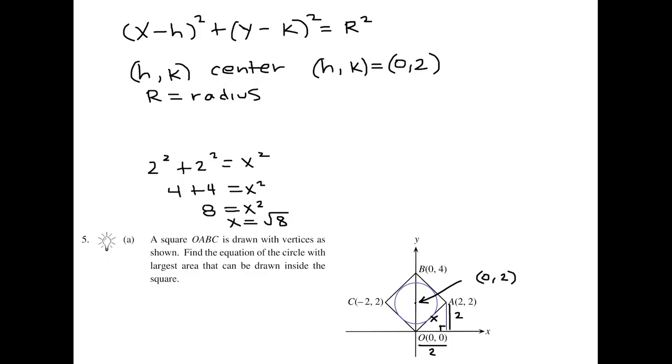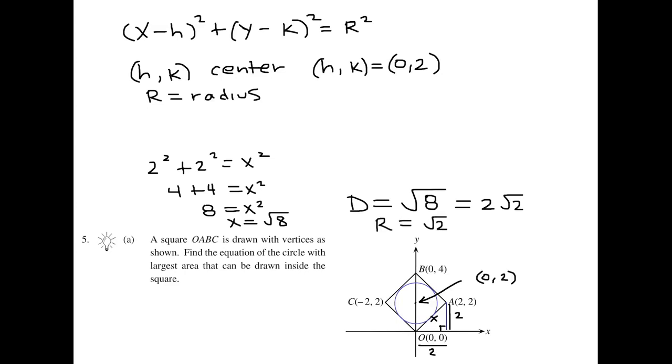Okay? And I believe that is all we need. The only thing is that this x is not the radius. This x that I just figured out is the diameter. So that's an important thing to remember. The root of 8 simplifies to 2 root 2. So the radius is half the diameter, so the radius would be just root 2.